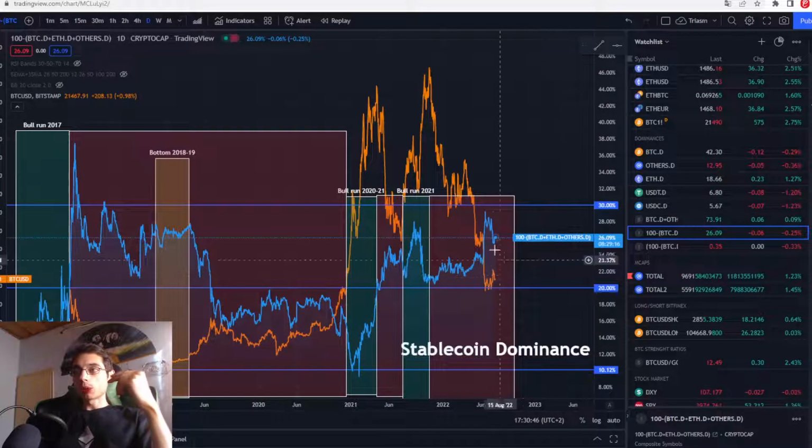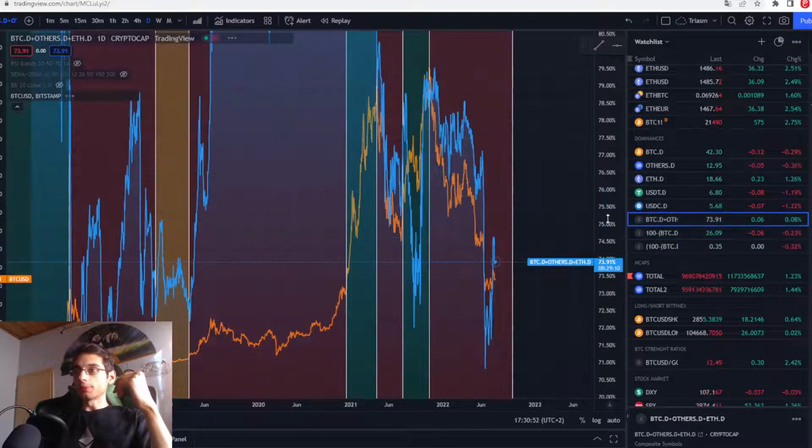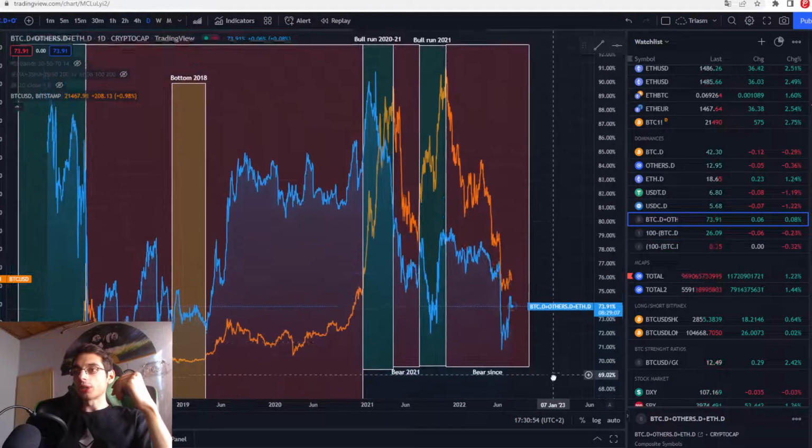in that case, we're probably going to see all this stablecoin dominance getting into the overall crypto dominance right here.